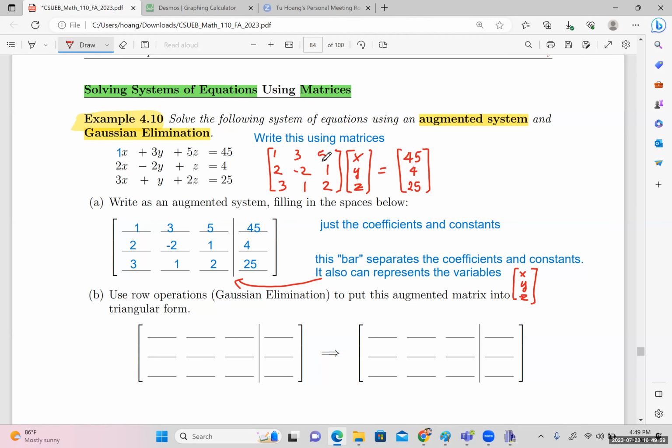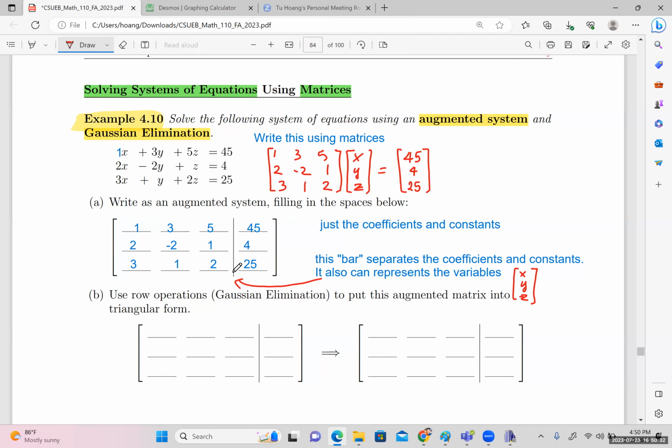If you do this, you will have exactly the same thing back as the original equations. However, what we do is just put out all the coefficients and constants down here and separate the coefficients and constants by the bar. So that is a way.